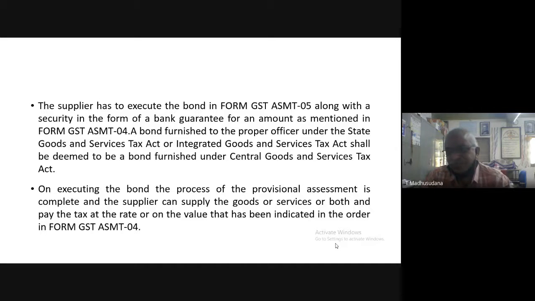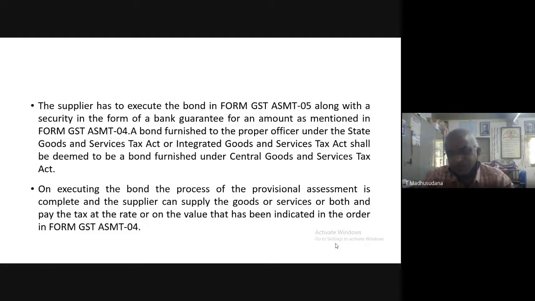After execution of the bond, the process of provisional assessment will be completed, and the supplier can supply the goods or services or both and pay the tax at the rate or on the value that has been indicated in the order in Form GST Assessment 04.